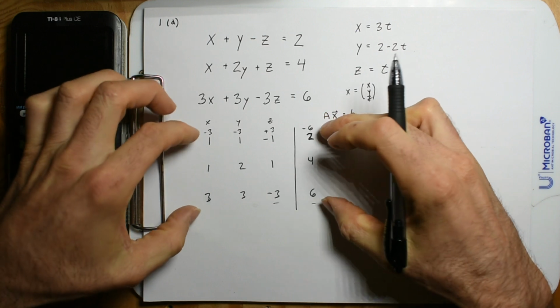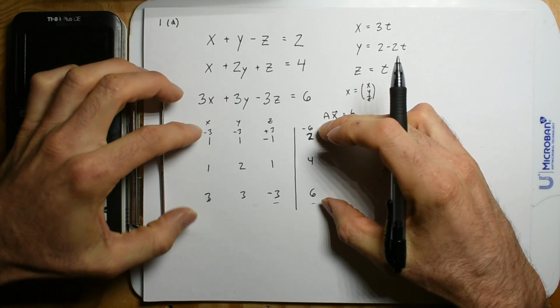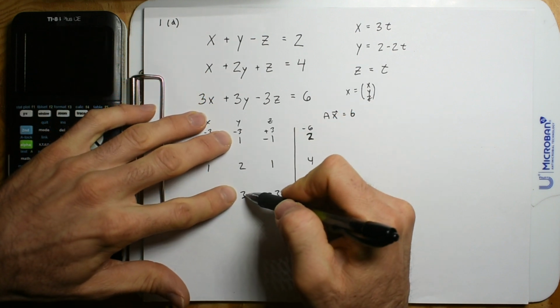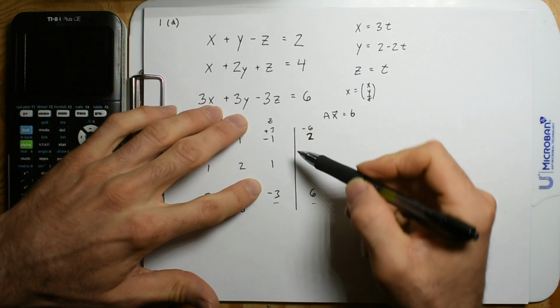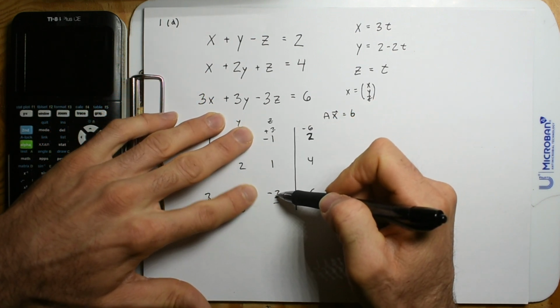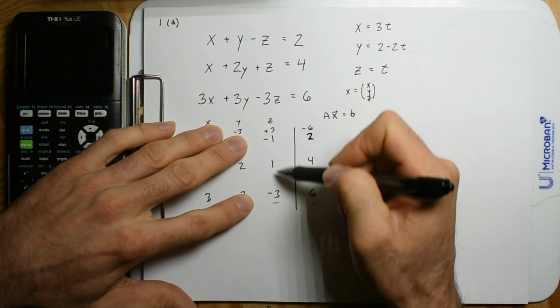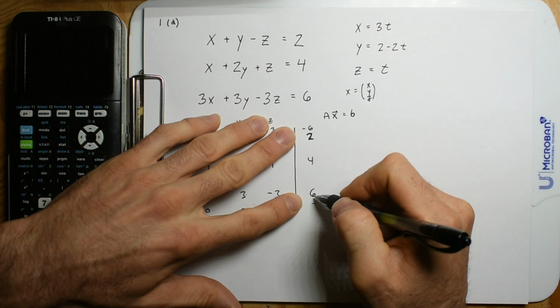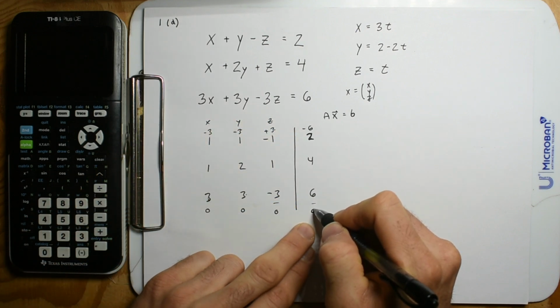And now I'm going to add these two equations. And when I do, these 3's are going to cancel. I'm going to have negative 3 plus 3. Those cancel. And then I'm going to have negative 3, positive 3 minus 3. This cancels. And then I'm going to have negative 6 plus 6. That goes to 0.